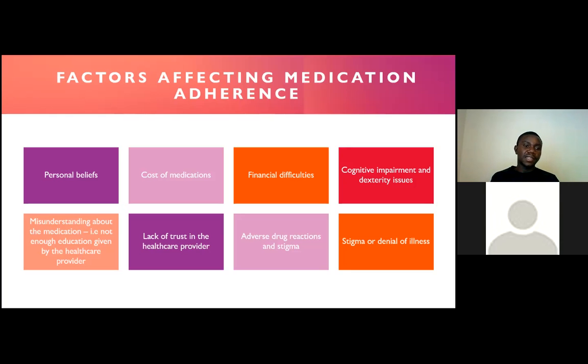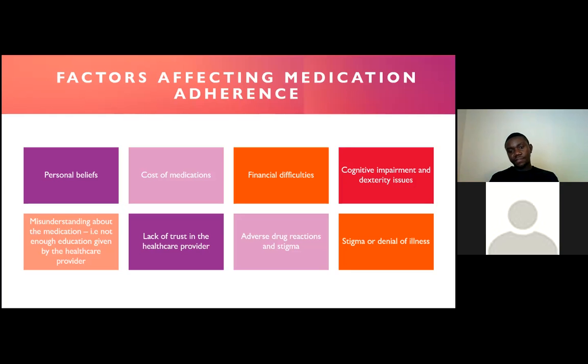And then the misunderstanding about the medication, like what it does, what it is for. If people don't know what their medications are for and what they do, they are less likely to take them. And then there's lack of trust in the healthcare provider. If I don't trust my doctor or my nurse or my pharmacist, I'm less likely to take their medications.